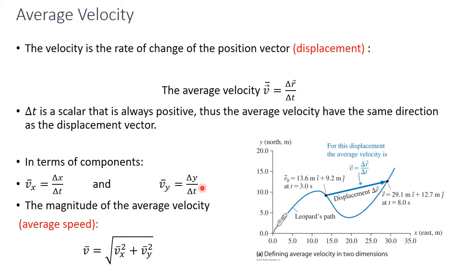It's the same as we defined it in one direction, but here we're defining it in two directions. Now the average speed, or the magnitude of the velocity, we can calculate from the components as vx average squared plus vy average squared, and then we take the square root.